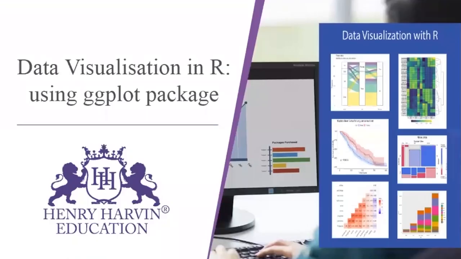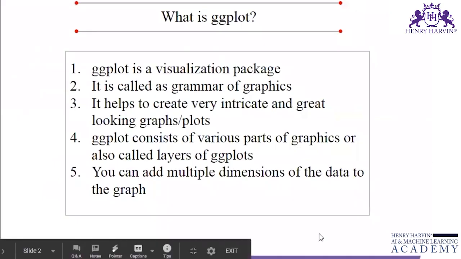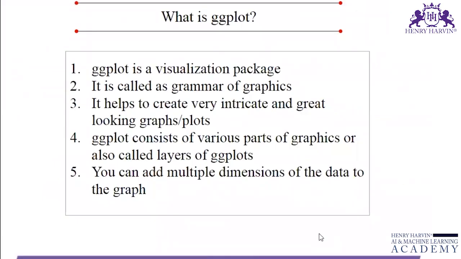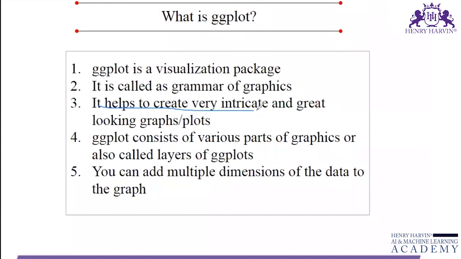Data visualization in R using the ggplot package. ggplot is the visualization package that is used in R. It helps to create very intricate and great looking graphs. It is also called the grammar of graphics. ggplot consists of various parts of graphics, also called layers of ggplot. We can add multiple dimensions of our data set to the graph.